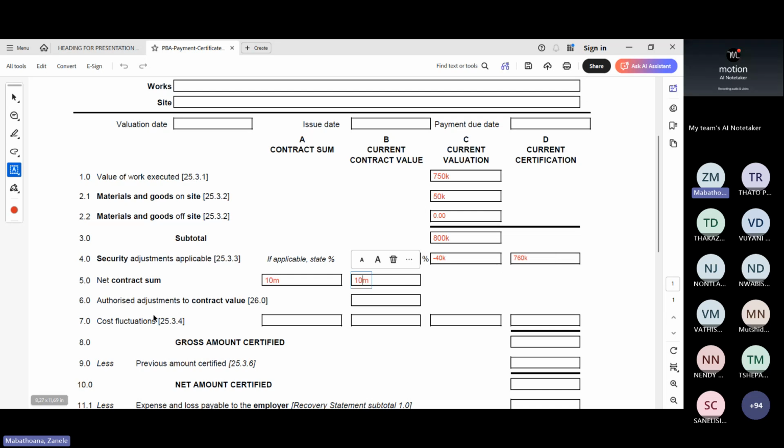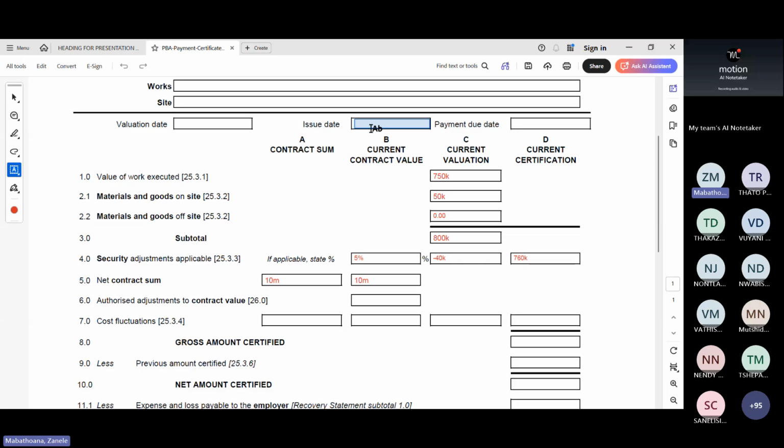Then we say authorized adjustments to contract value. Are there any adjustments that we need to make to the contract value at this point? No. You can go to clause 26 to see what it is that you would be looking at as adjustments to the contract value. I just want to make sure that I can read it out.